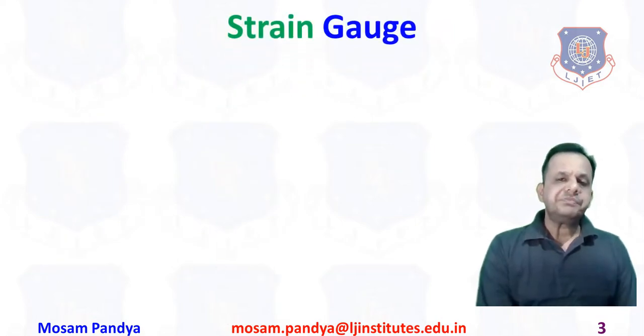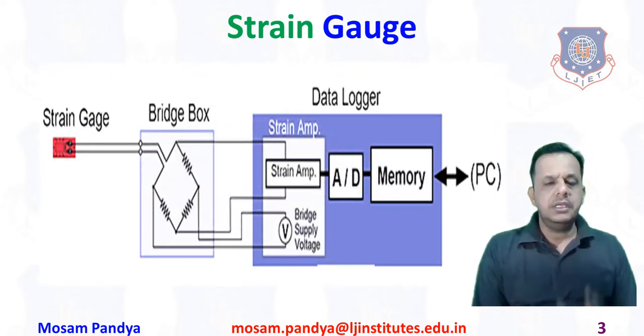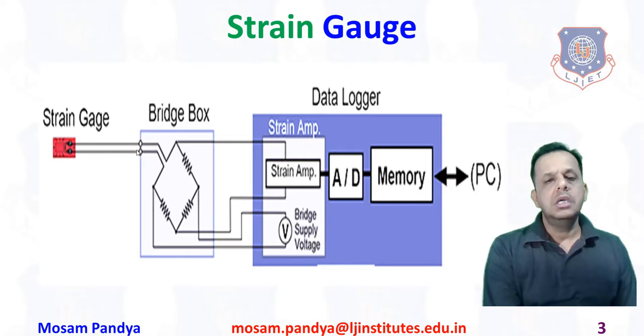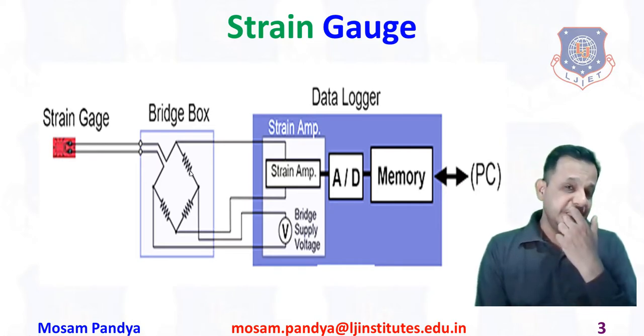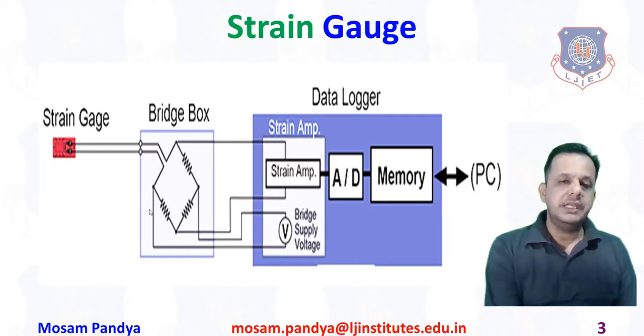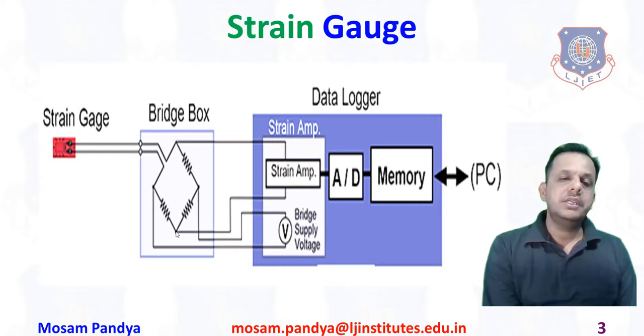So, strain gauge arrangement. First of all, let us keep in mind that here you see the strain gauge is connected with two wires or two connections to the Wheatstone bridge. As you know, the Wheatstone bridge is one of the devices where you can measure resistance. In balance condition, the strain amplifier connected diagonally across two points should read zero.